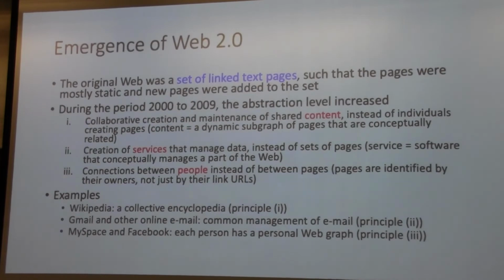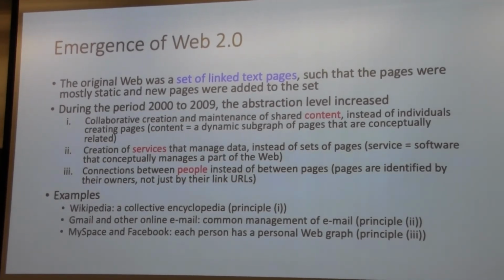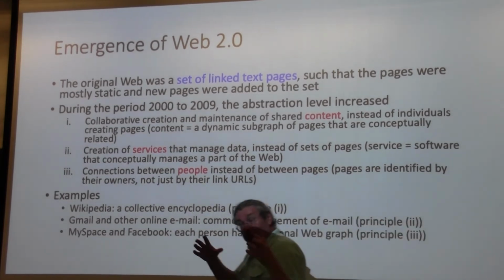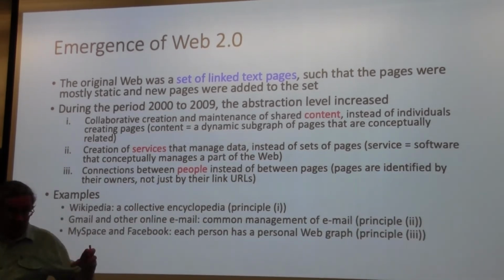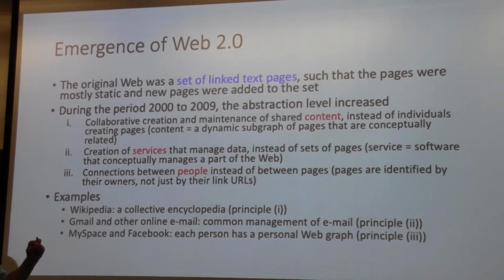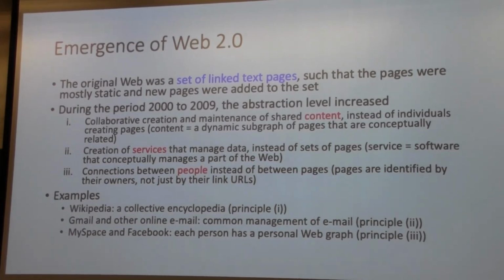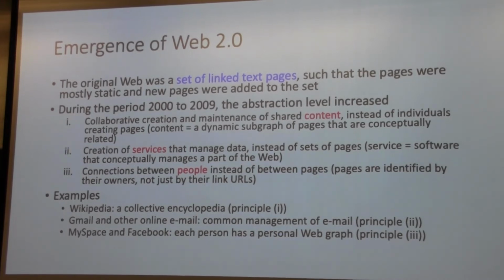Okay, another thing is Web 2.0. In the original web, it was pure hypertext. Pages with links, pages with links. Pages were static and new pages were always being added or changed. But this has changed.